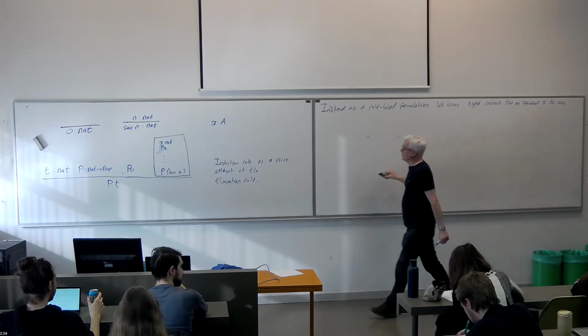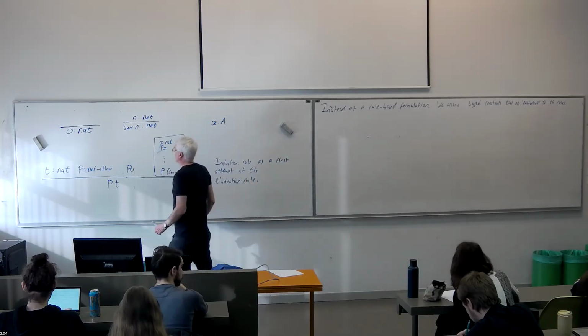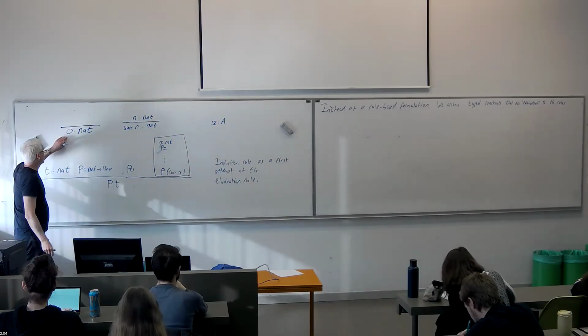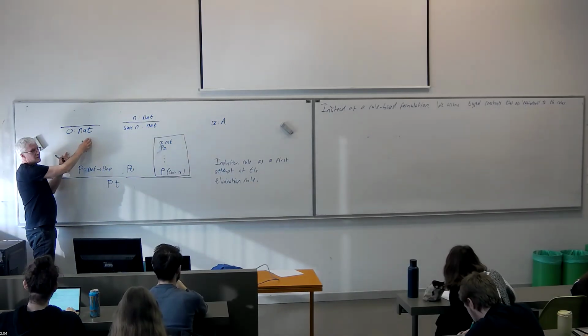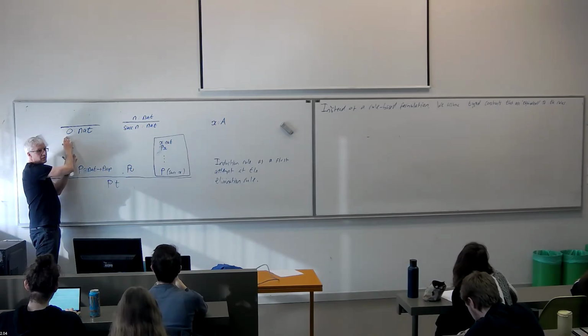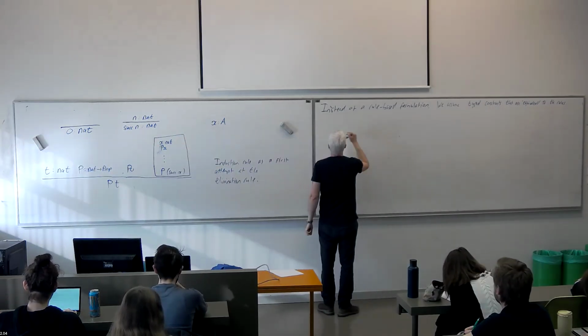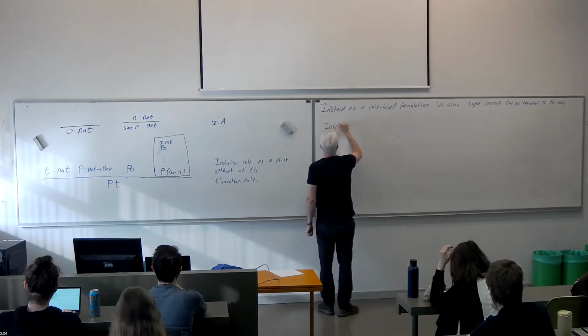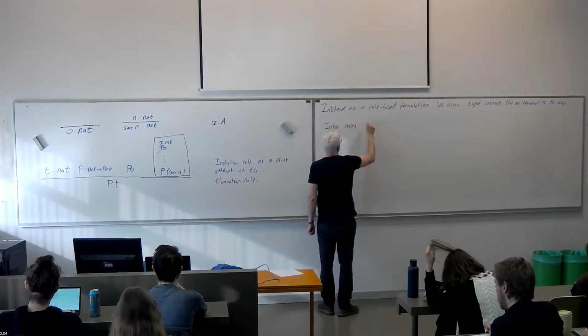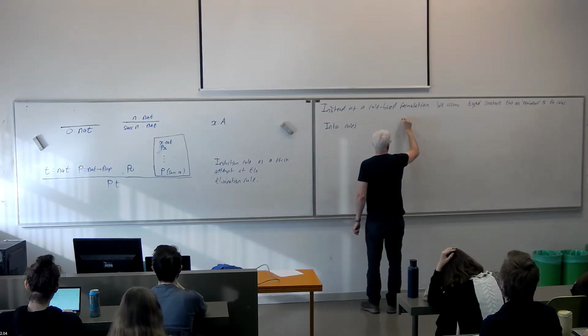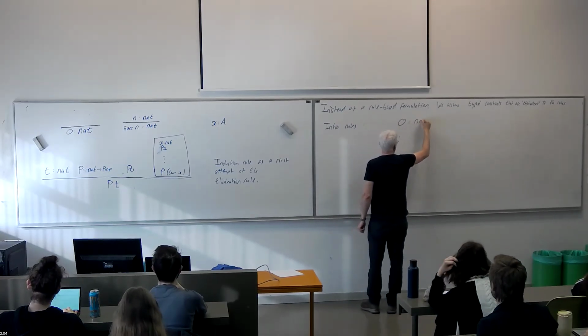So the first two we already did last week. This rule is in any case just saying we have a typed constant. We have the constant 0, which is a natural number. So the intro rules become, instead of rules, typed constants. So we have 0, which is a natural number.